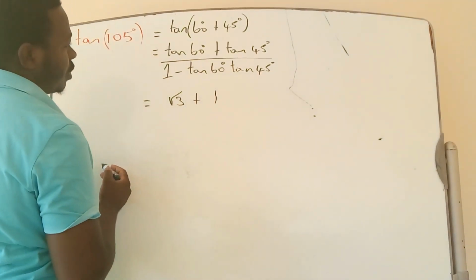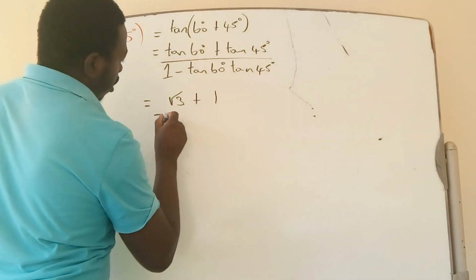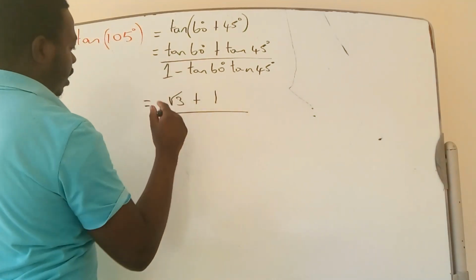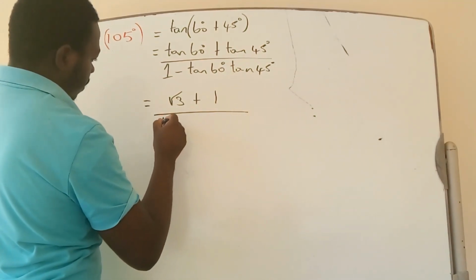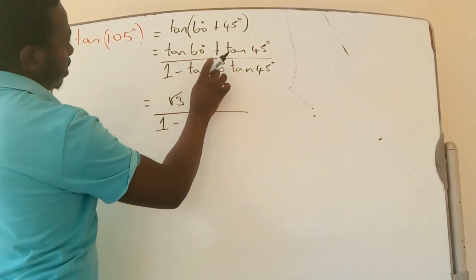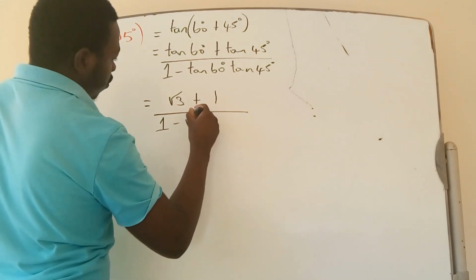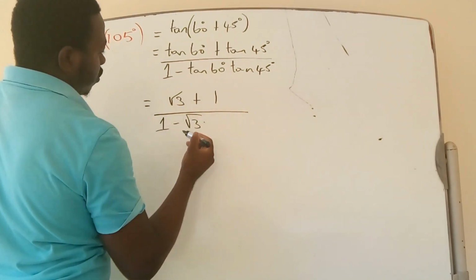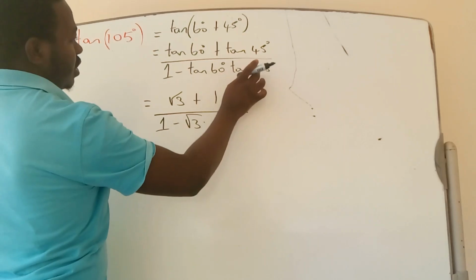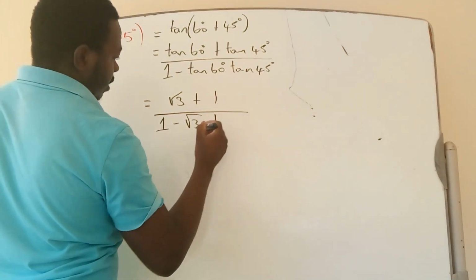So that's all of my numerator there, right? All over 1 here, which is 1, minus tan 60 is root 3. So this is root 3 times what? Tangent of 45, which is just 1.